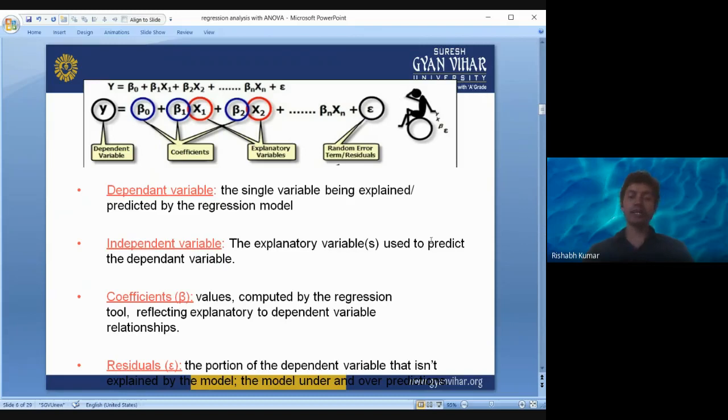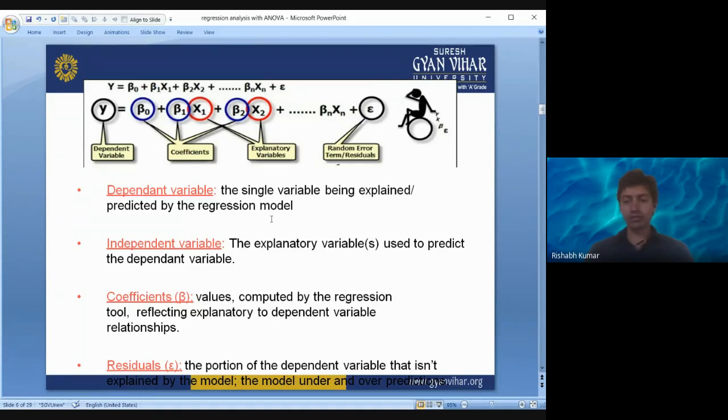Okay, so what are dependent variables? The single variable being explained or predicted by the regression model is known as the dependent variable. Suppose, one example that I gave you in correlation, you have the height of 30 people and the weight of the 30 people.